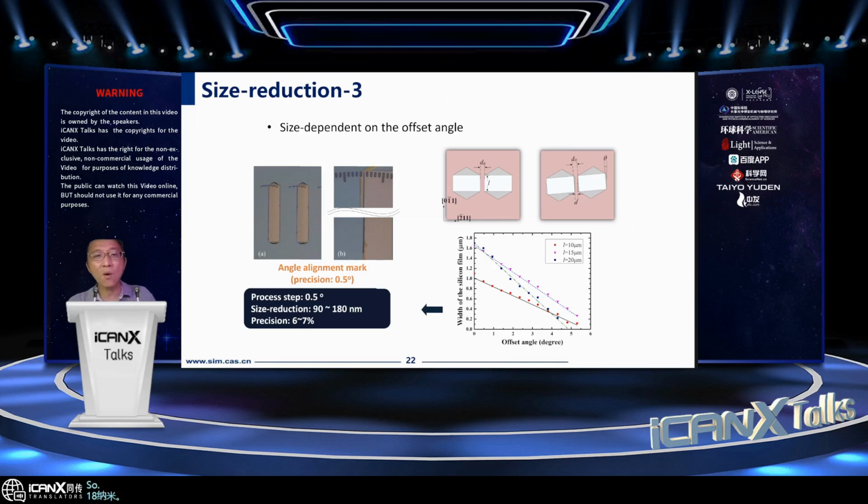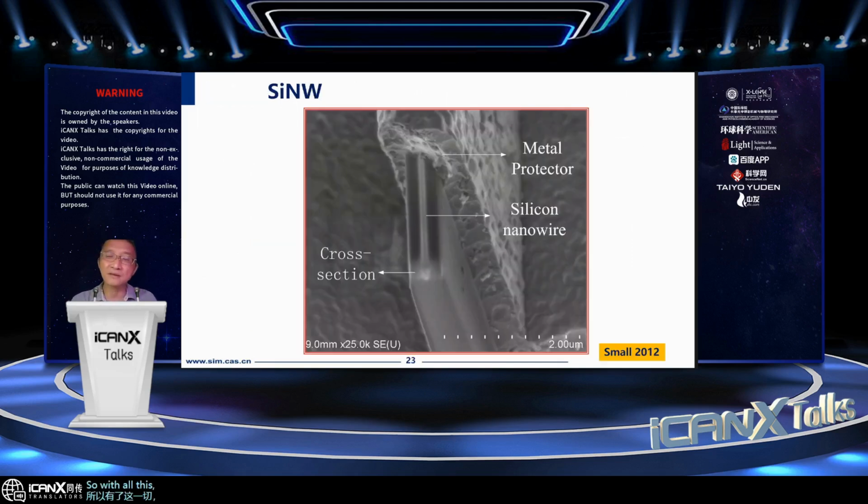So with all these three methods, we can fabricate the high quality silicon nanowire. You can find from this SEM picture that the cross section of our silicon nanowire is triangle, and the surface of the silicon nanowire is very smooth. In other words, it's a very good high quality surface for the sensor.